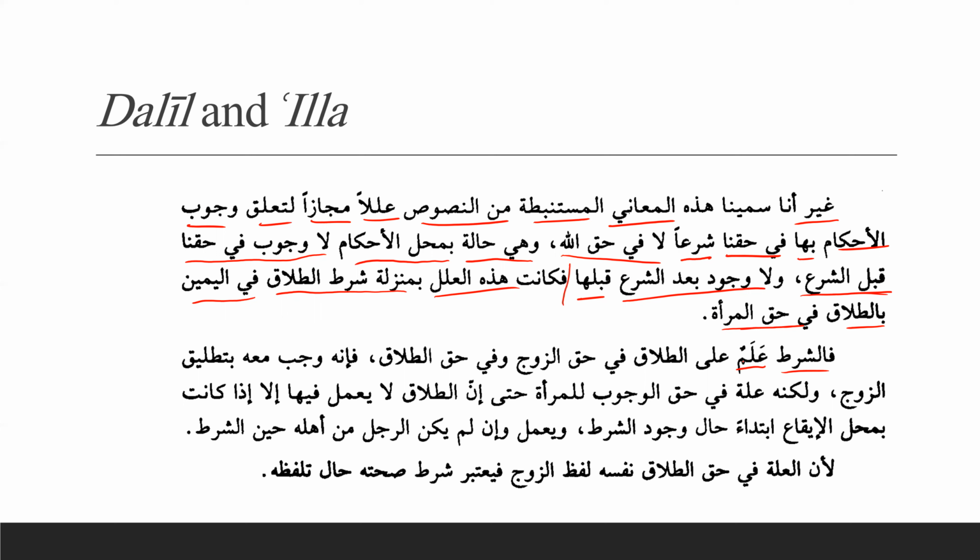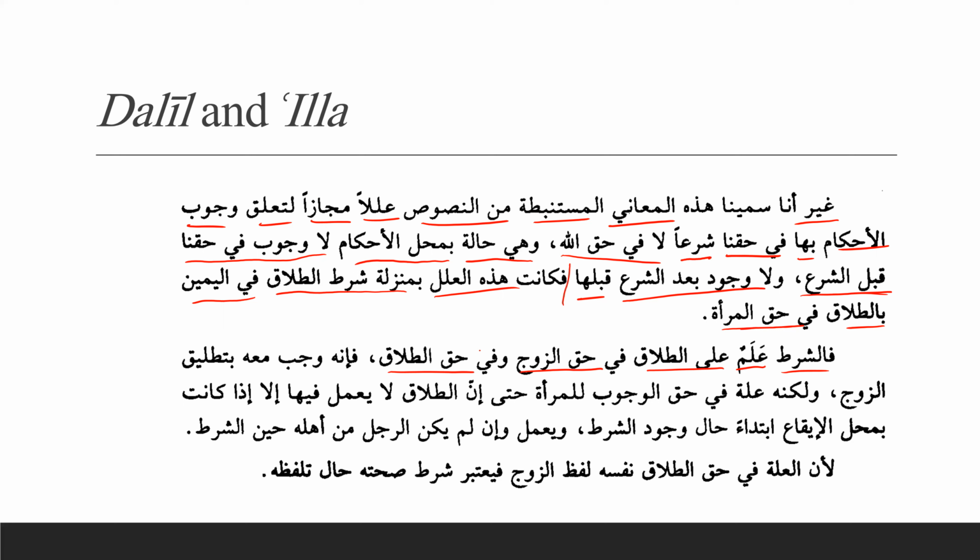It indicates that a divorce has happened with respect to the husband and with respect to the divorce itself, meaning there was no divorce until the husband uttered something. So he was the originator of that utterance, and this fact of divorce tied to that condition indicates his act, the act of the husband.